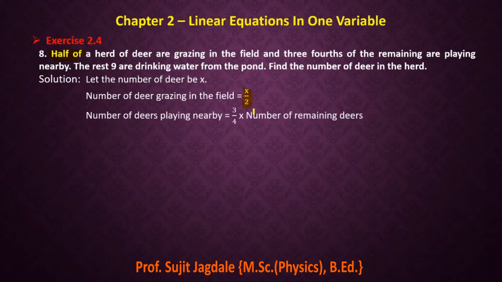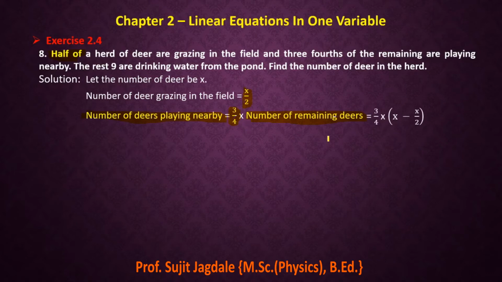Then the number of deer playing nearby is 3/4 into the number of remaining deer. That means those who are grazing are different, and out of those remaining, again 3/4 are playing nearby.